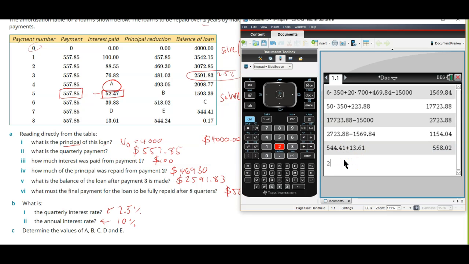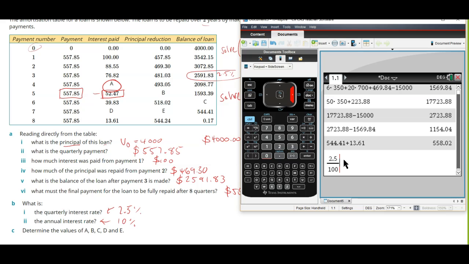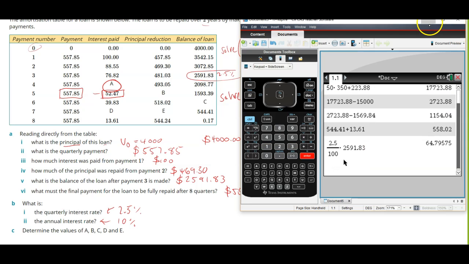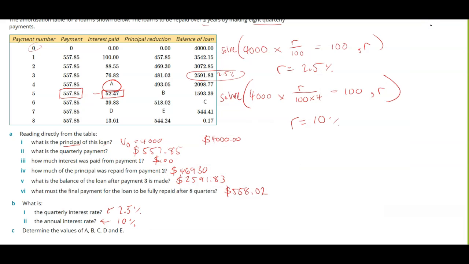So first of all, 2.5 over 100 times the balance of 2591.83 gives us $64.78. Sorry, $64.80 actually.